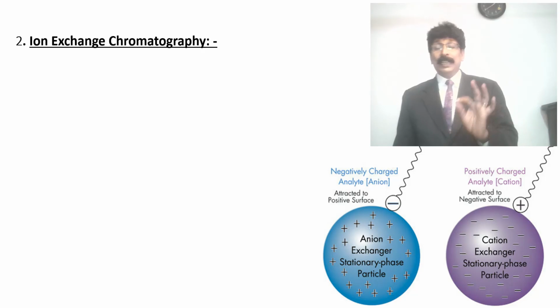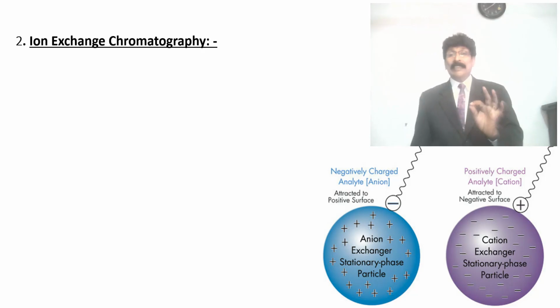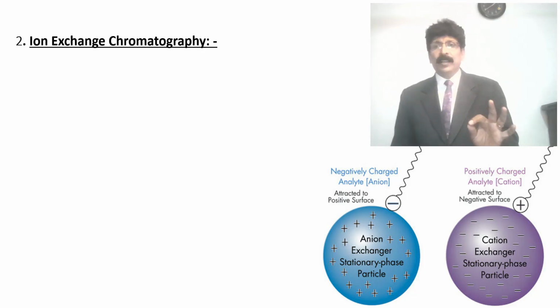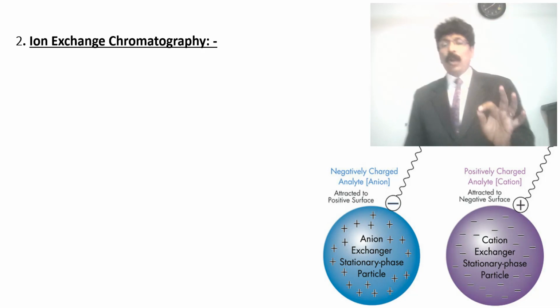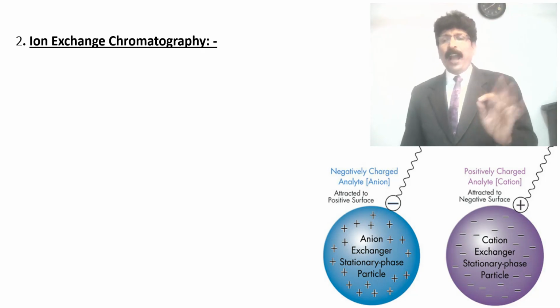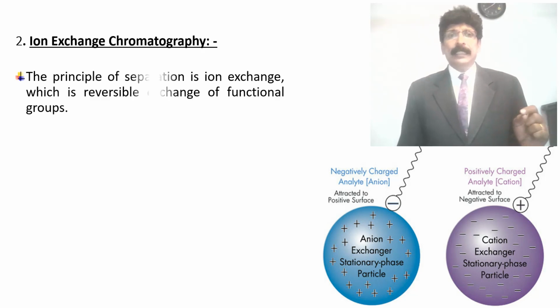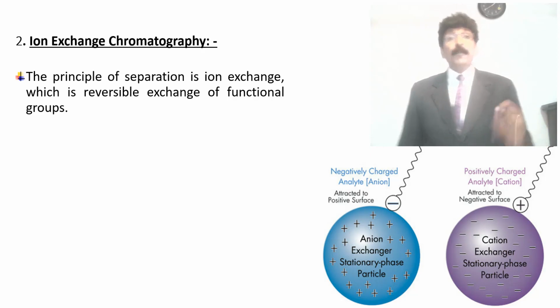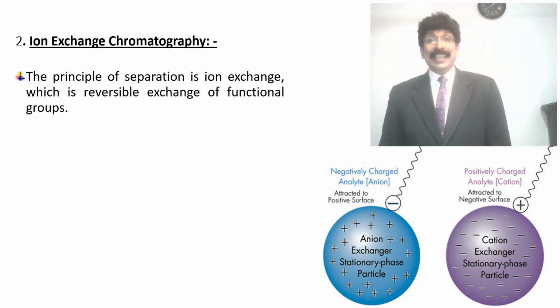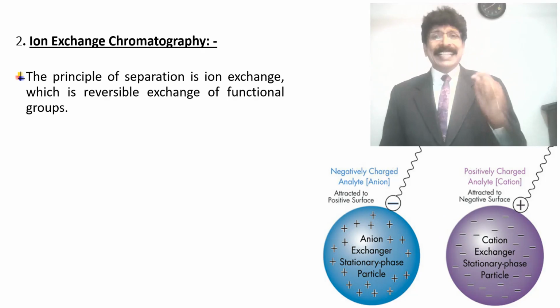So, charged species: you are using a column with resins, very fine resins, which have the ability to exchange ions. They are charged atoms. The principle of separation is ion exchange, which is a reversible exchange of functional groups.